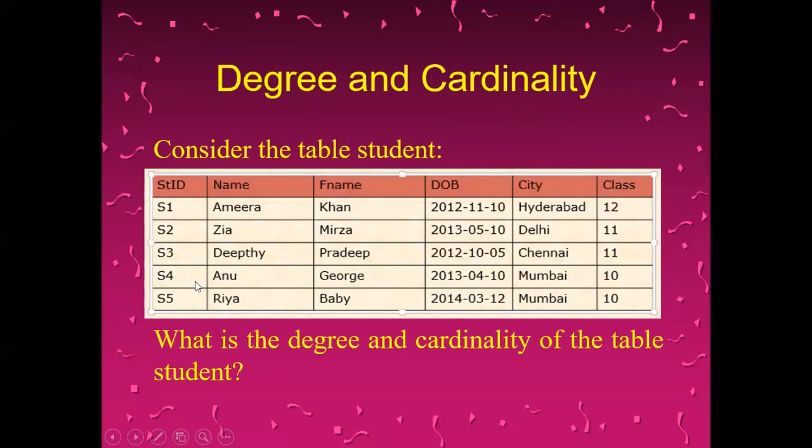How many records are there in this table, student? 1, 2, 3, 4, 5. So the cardinality of the table student is equal to 5. While mentioning the cardinality, don't count the column headings. That is not considered as a record. Kindly note that point.